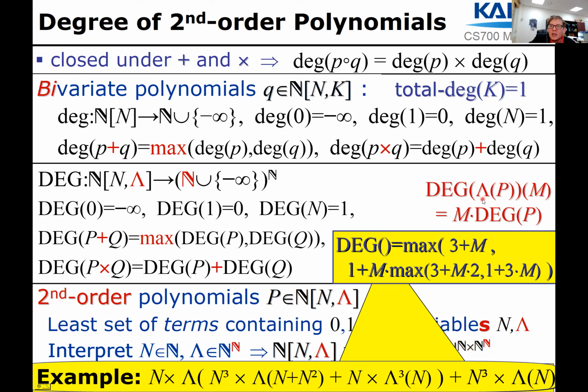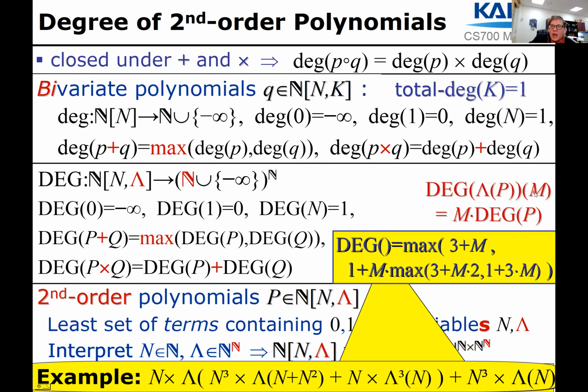Namely, if we have a second order polynomial, then lambda applied to this second order polynomial is again a second order polynomial. The degree of this induction step polynomial is now m times the degree of the original polynomial, where m is the new variable that expresses the dependence on this natural number function parameter.